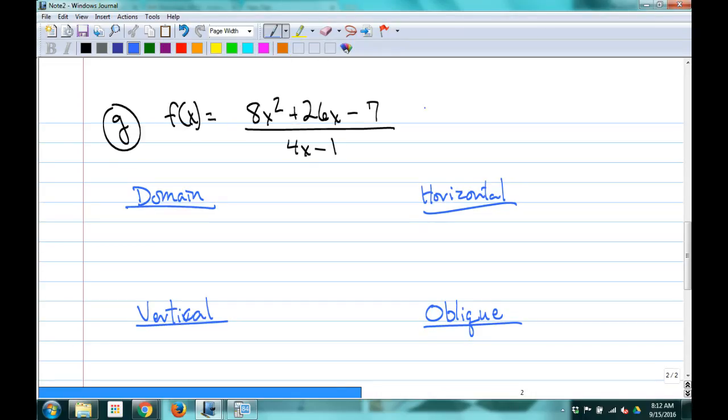Let's see. 28 times 2, maybe. -56. Add to be 26 would be 28 and -2. So 8x squared plus 28x minus 2x minus 7.